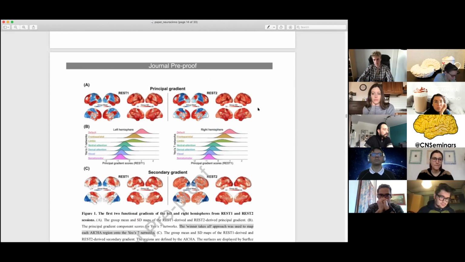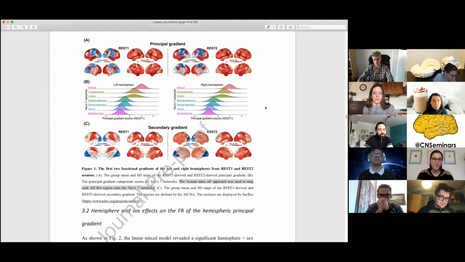So when you don't take the whole brain, but the left hemisphere and the right hemisphere separately, and look at the functional gradient by basically embedding the functional connectivity across areas in a one or two dimensional space, you get the first and second gradient.